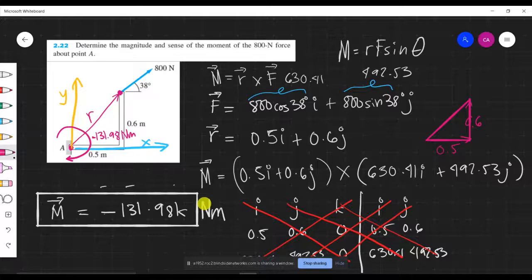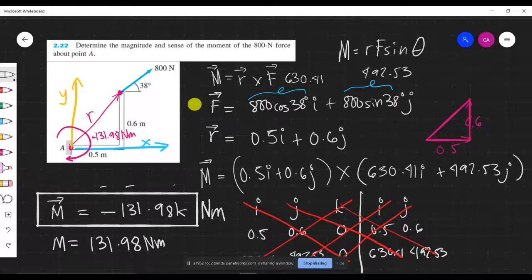Parang ganun. Okay? So, actually, nakuha na ba natin yung sagot? Di pa natin nakukuha yung magnitude kasi yung magnitude is square root lang natin. So, lumalabas na 131.98 newton meter. Ito yung magnitude sa baba. Okay? So, syempre, magnitude nga lang, walang direction. So, it doesn't necessarily mean na negative o positive.